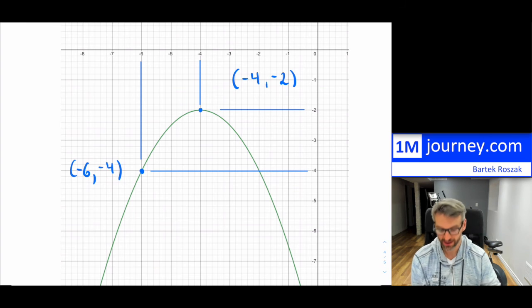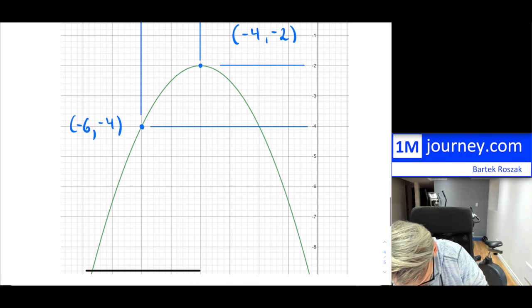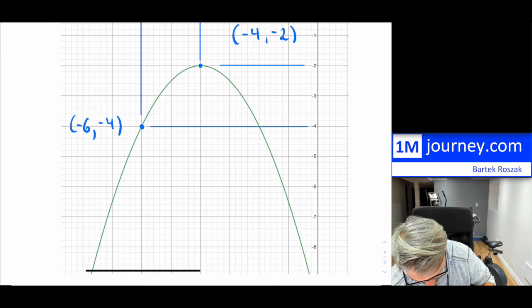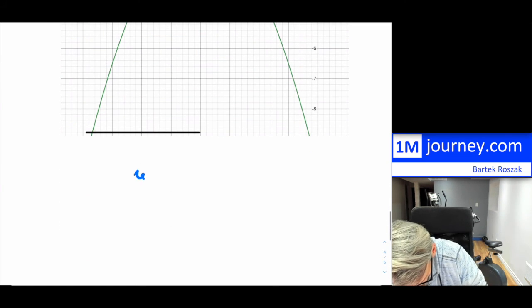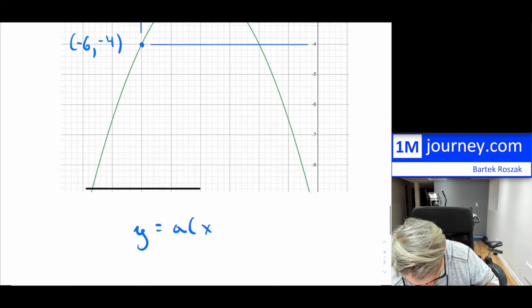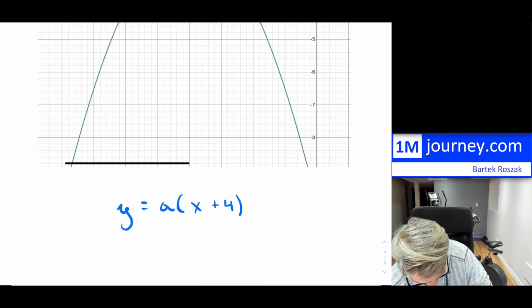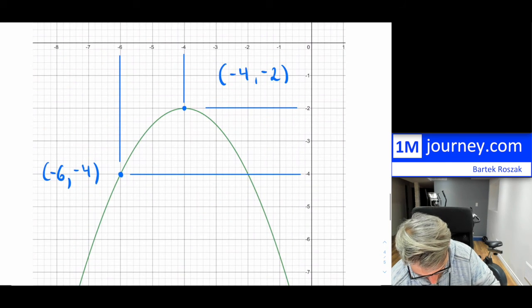So let's find out what this might be. First I'm going to start off with the vertex, negative 4, negative 2. y is equal to a, and then it's going to be x, and it was negative 4, so this is going to be plus 4 squared, and then minus 2, which is your y value.